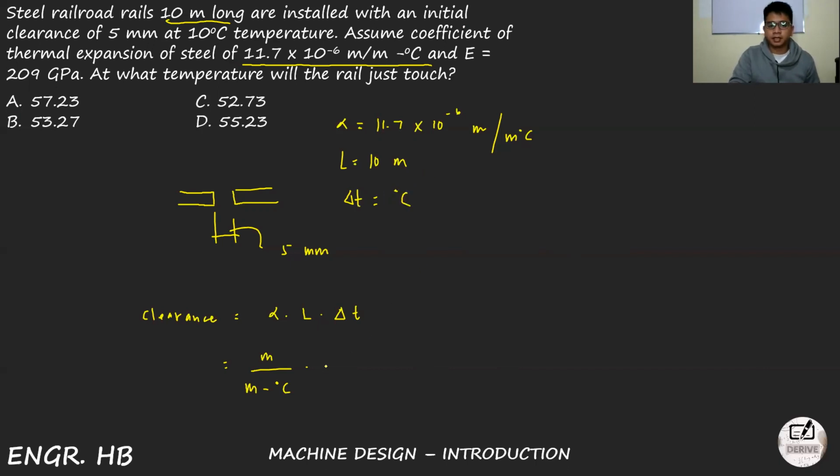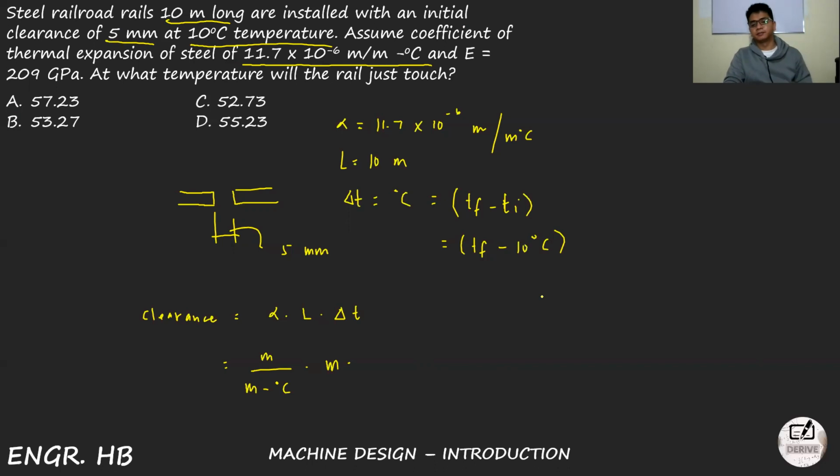So, meron tayong length na meters and delta T sa degree Celsius, which is delta T is final temperature minus initial temperature, which is TF minus, ang sabi, with an initial clearance of 5 mm at 10 degrees temperature. So this will become 10 degrees Celsius.